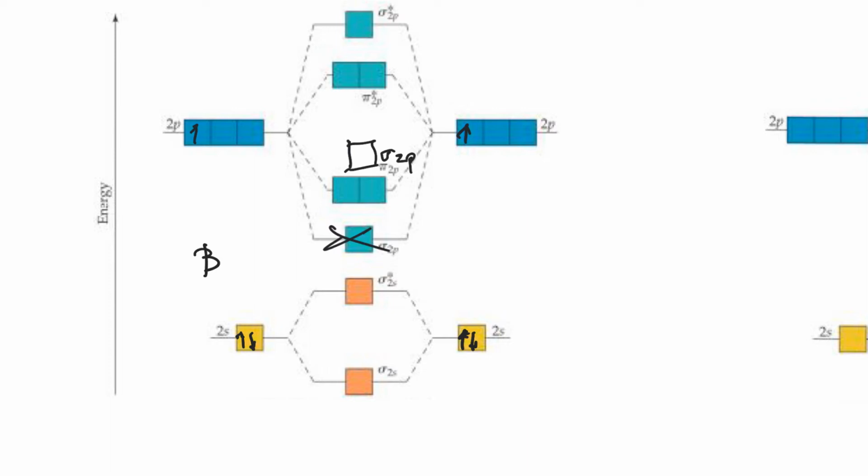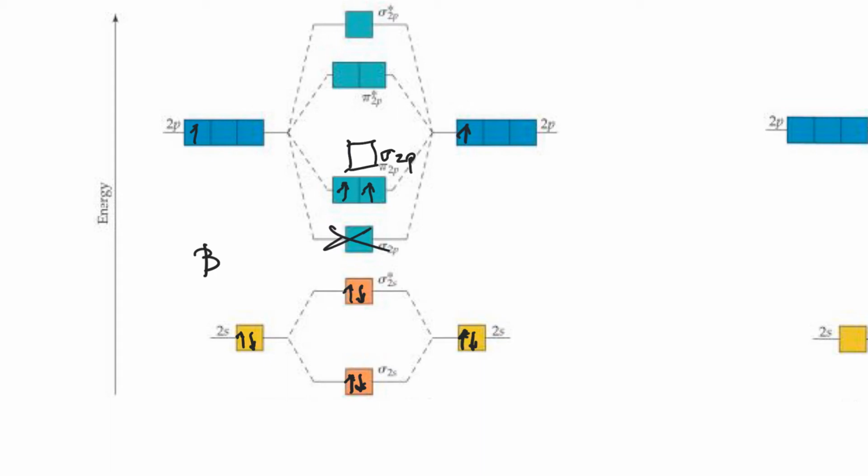So we're going to fill this up. I've got 6 total. I'm going to start at the low one and put 1, 2, now go to the next, 3, 4, 5, 6. Remember, Hund's rule said you have to put a girl in her own room before you start pairing them up.